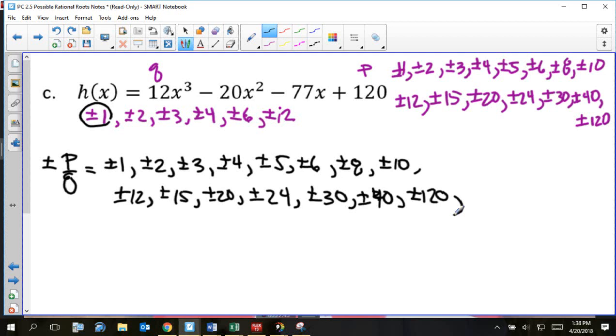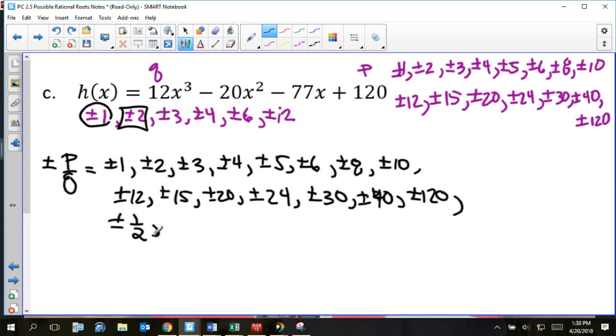Now we put all of them over 2, plus or minus 2. But something usually happens when you have big ones like this. When I do plus or minus 2, I'm going to put 1 over 2. And my next one, I'm going to put 2 over 2. What is that? That's 1, which we've already written down.